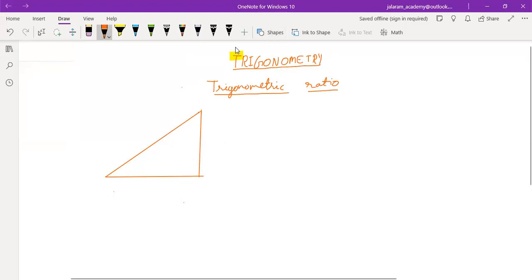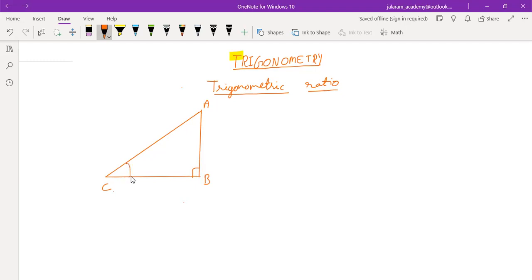You all are in class 9th, so this is the starting of trigonometry. So we can say it is the ratio of two sides taken out of three sides of a right angle triangle. We know that there are three sides of a right angle triangle.